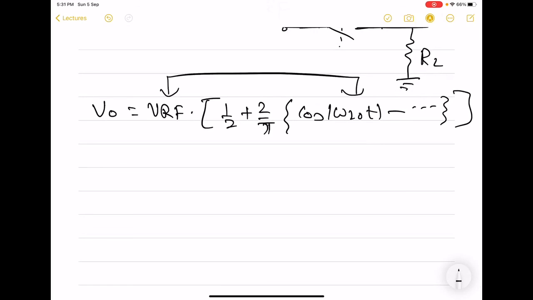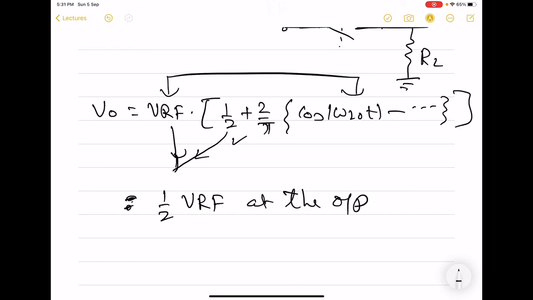But here we see that there is one more component present, and that is because of product of RF and this DC, which is present in the square wave. So that leads to 1/2 VRF at the output.